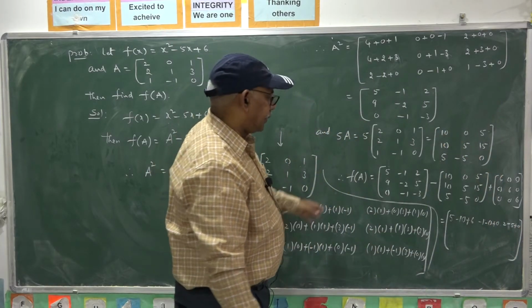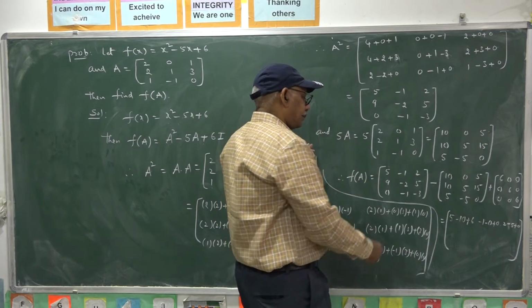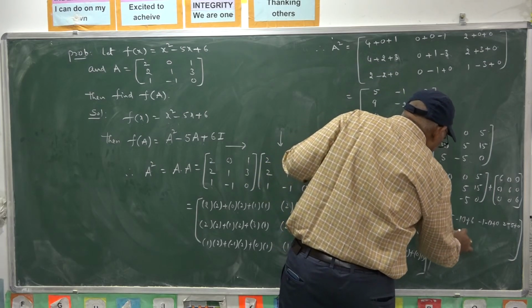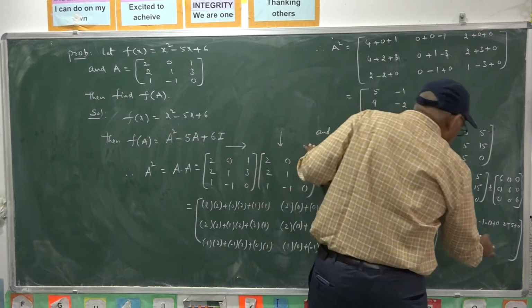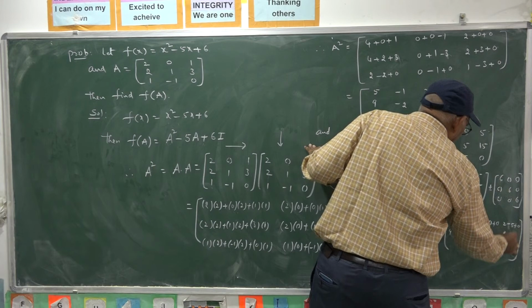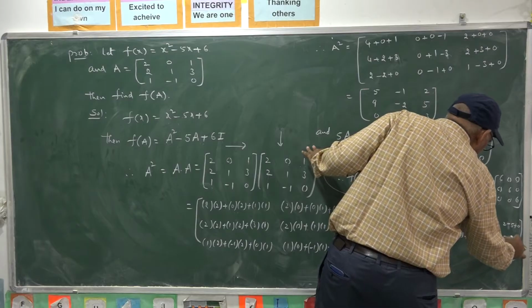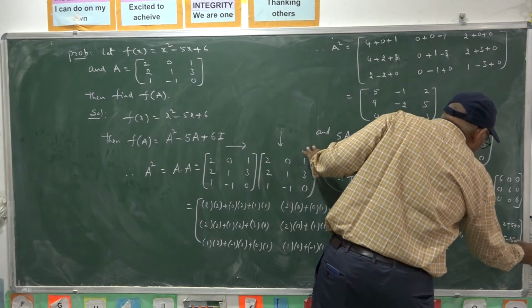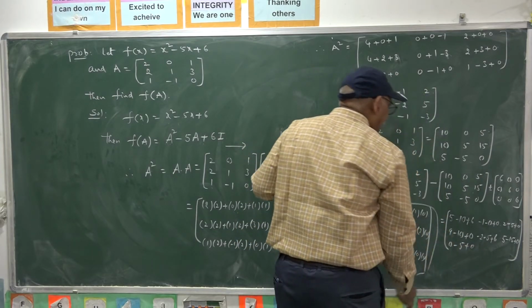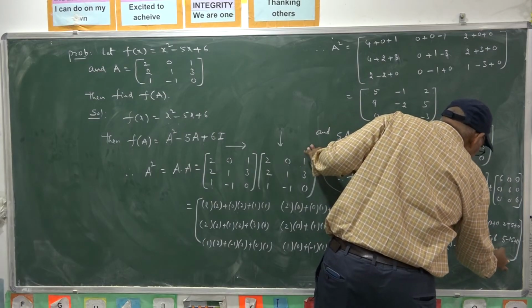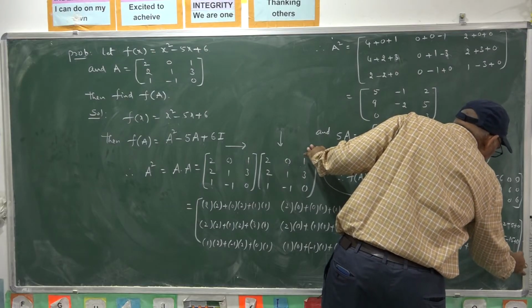Adding corresponding elements, you get the required f of A. Similarly, 9 minus 10 plus 0, minus 2 minus 5 plus 6, 5 minus 15 plus 0. Next, 0 minus 5 plus 0, minus 1 plus 5 plus 0, minus 3 minus 0 minus 6.